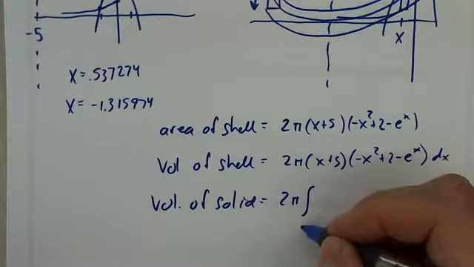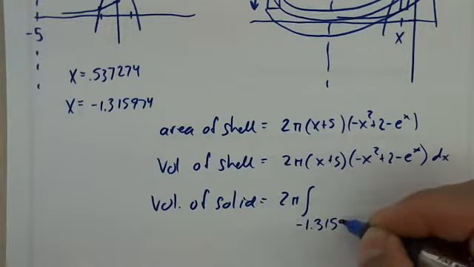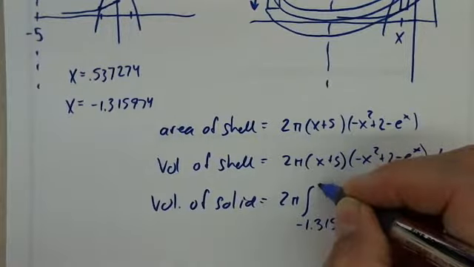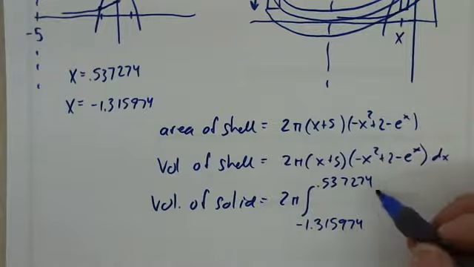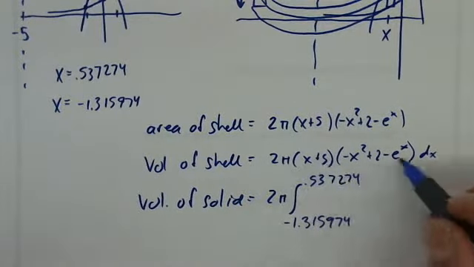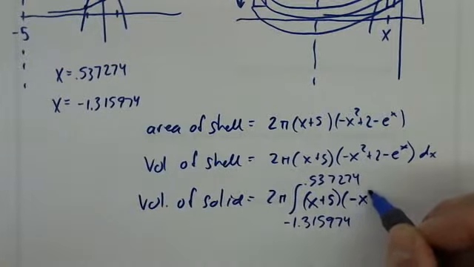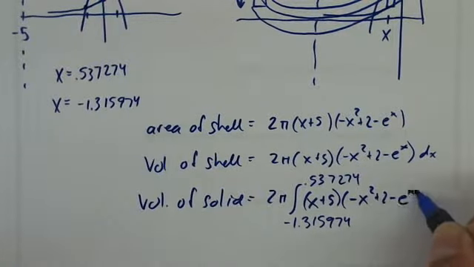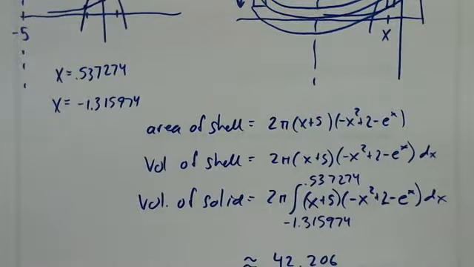So we have negative 1.315974 to 0.537274, and then we just have all of this. On the calculator, I got 42.206.